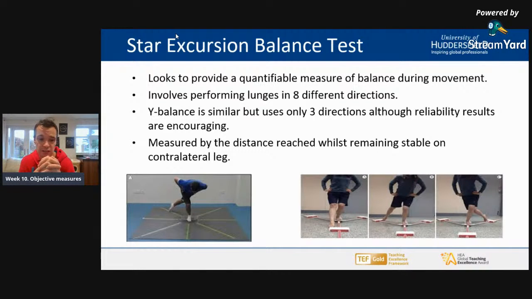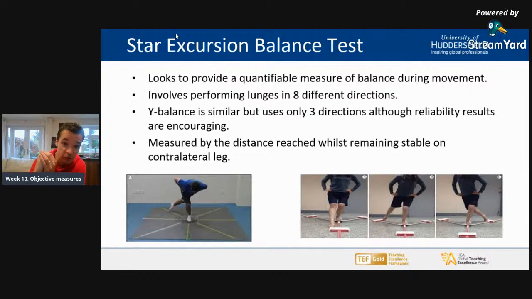So you can see that there are eight different directions, essentially the points of the compass and then the diagonals, and you will do it by performing a lunge and measuring how far you can put your other leg, your non-weight bearing leg, out whilst remaining stable.